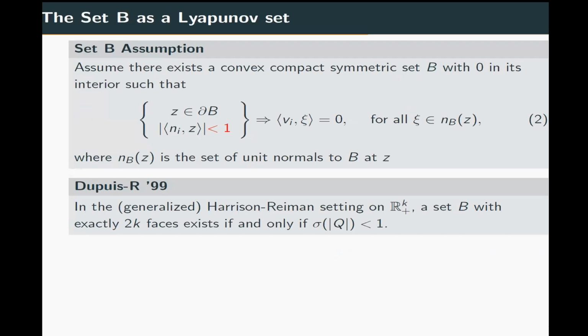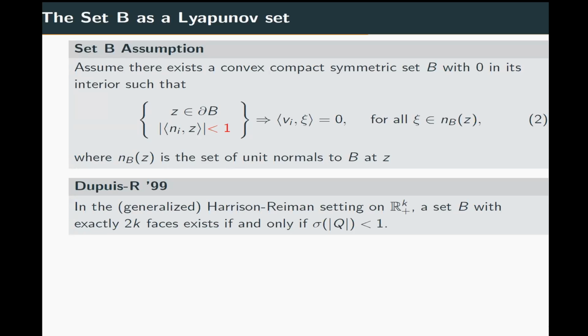Okay, so that makes this actually much more tractable. And one of the things that came out of this was we said that in the generalized Harrison-Reiman setting that I just mentioned, where sigma, sorry, is the spectral radius, and now here this |Q| means the coordinate-wise absolute value of the matrix, okay?